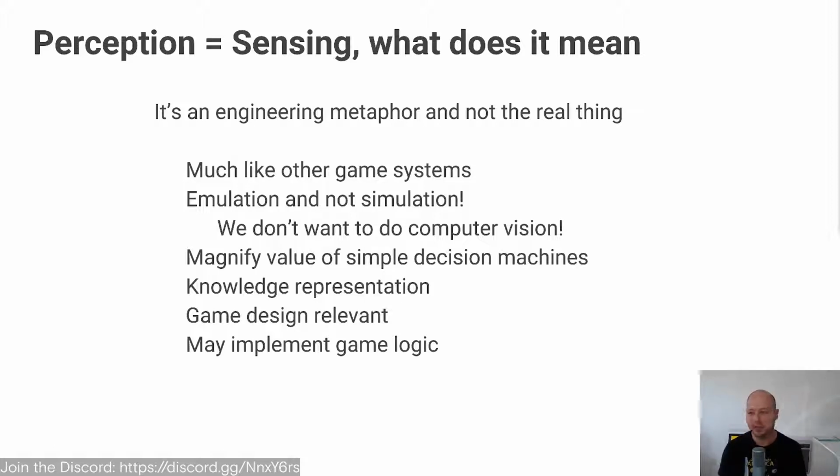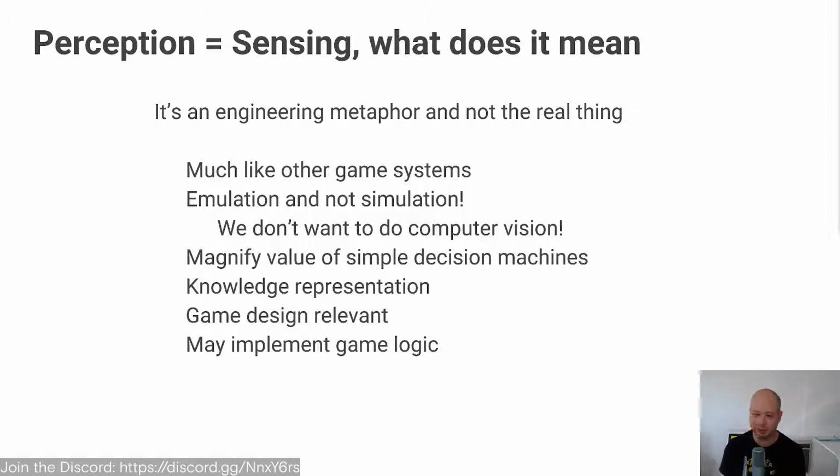So, when we talk about sensing in games, we're simplifying it down to almost how we perceive the world from our consciousness, from our conscious bias of 'ball go this way' or 'he went to the store,' and things like that. So we're very much at a high level here. Sensing in a game is much like any other game system.